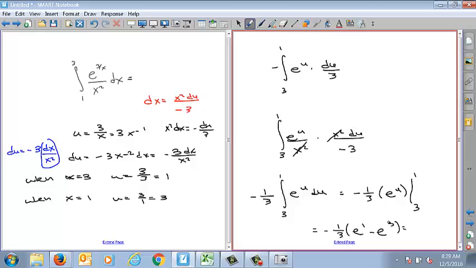And then we take our calculator, negative 1 divided by 3 times e to the first power minus e to the third power. And I get 5.79. Is that what you guys got? Yeah. Okay, next one.